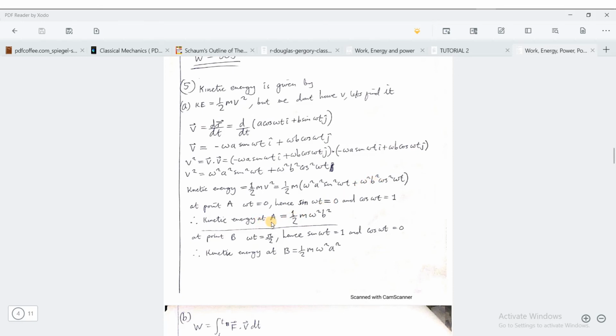So that is what we have at point A, half m omega squared b squared, and at point B we'll have omega t being equal to pi over 2. This is what I simply explained earlier. Omega t is pi over 2 at point B.